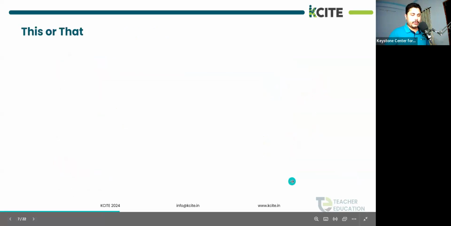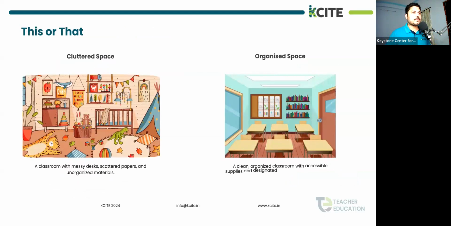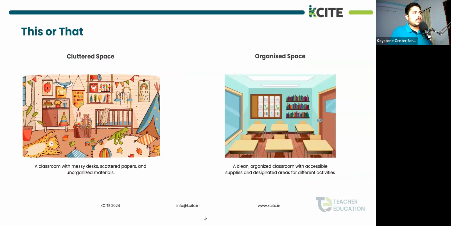Now I'm giving you two options, this or that. In the chat, you're going to tell me which one you prefer. The cluttered space, you can see how messy it looks. Yes, I totally agree with you, Miss Sarita. A classroom with messy desks, scattered papers, and unorganized materials.